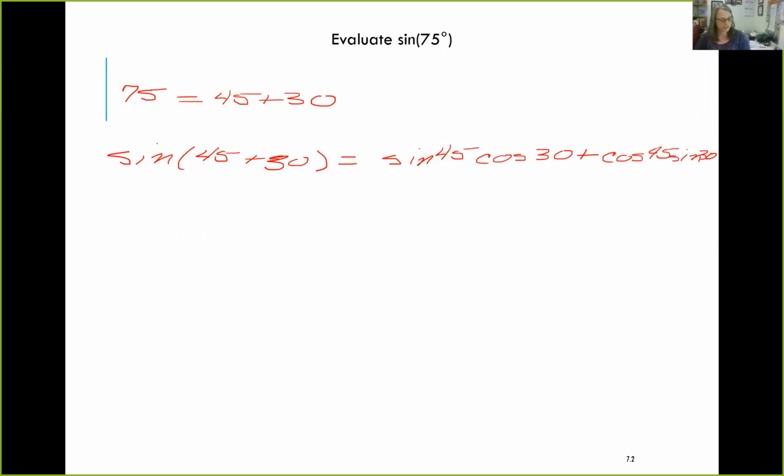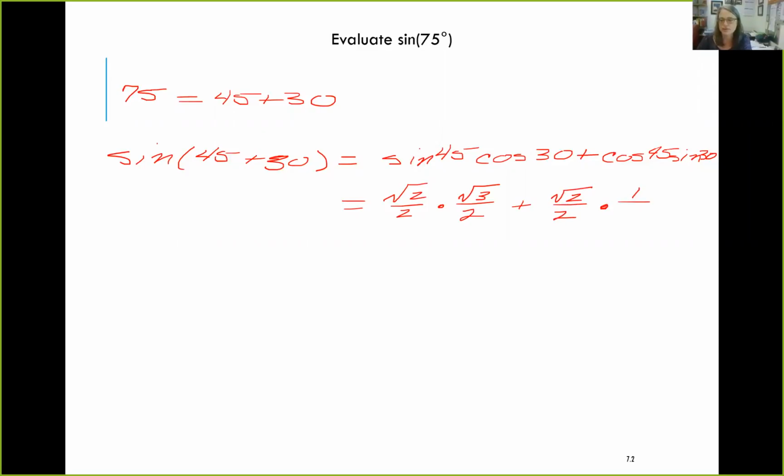Okay, now the reason why this is cool is because we know the sine of 45 degrees. The sine of 45 degrees is square root 2 over 2. We know the cosine of 30 degrees, which is square root 3 over 2, plus the cosine of 45 degrees is square root 2 over 2, and the sine of 30 degrees is 1/2.